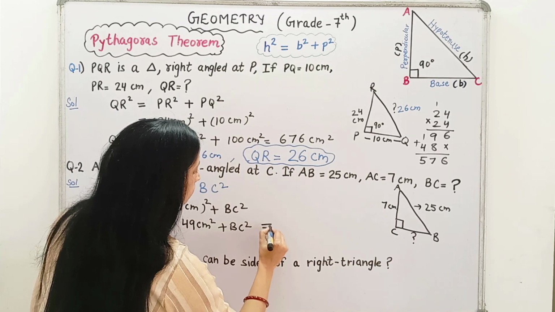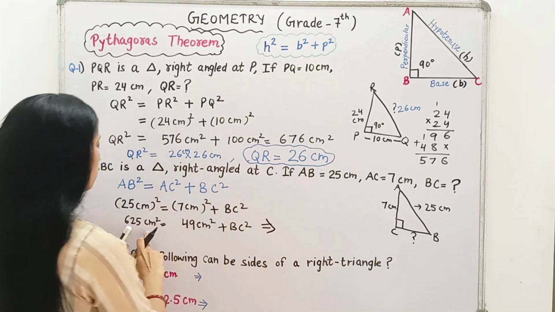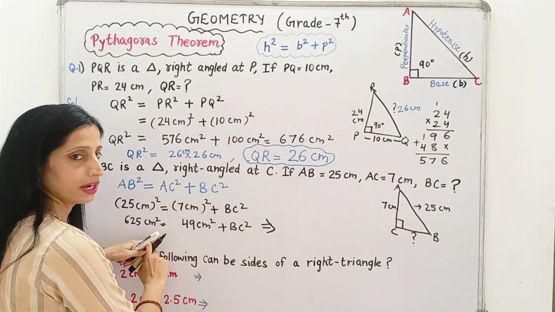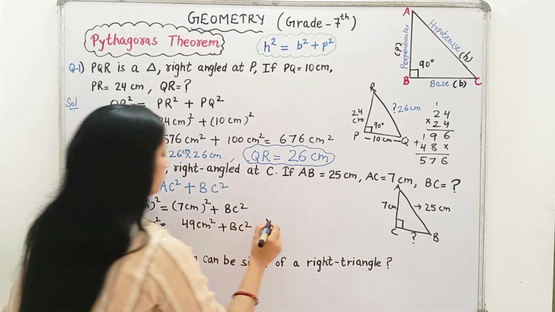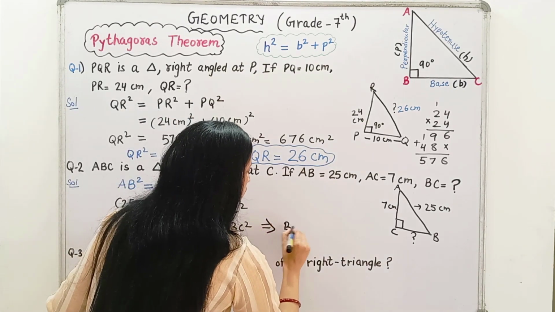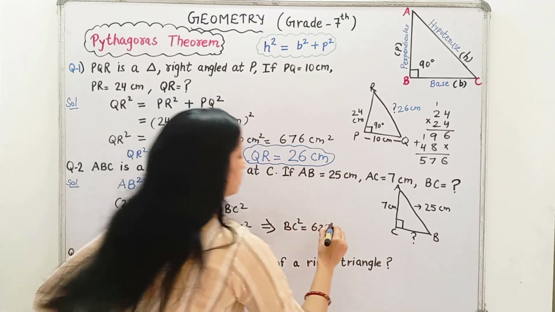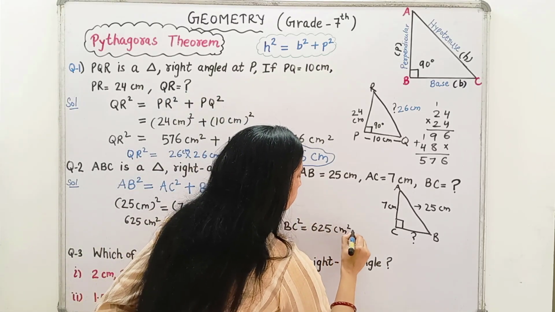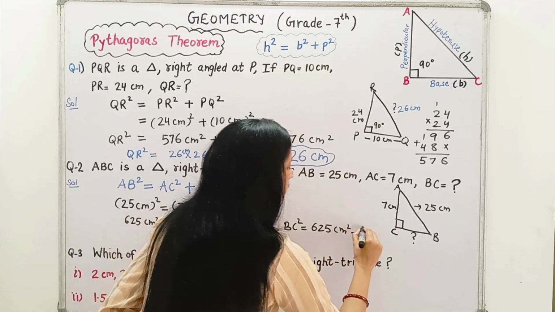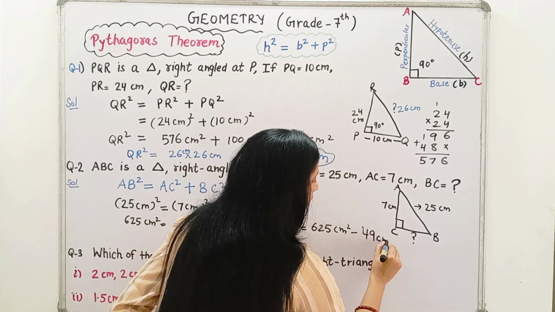Now I am just simply solving it here. Now this will go this side and we will subtract it from this. So simply BC square will be equal to 625 centimeter square minus 49 centimeter square.